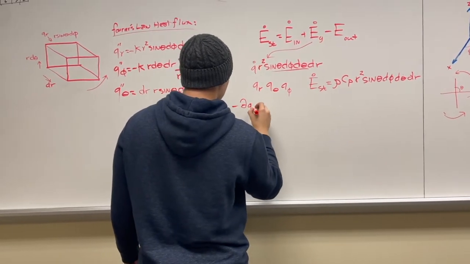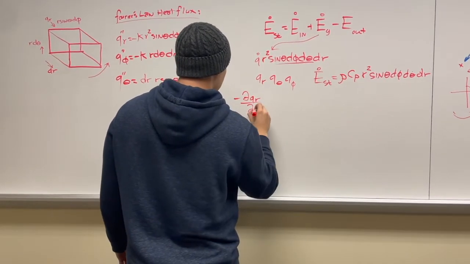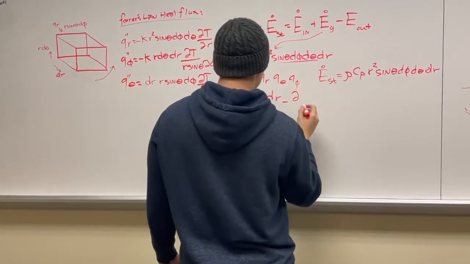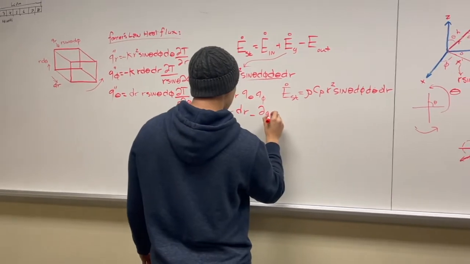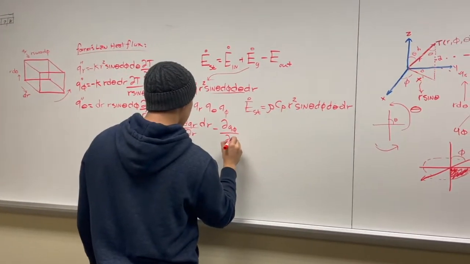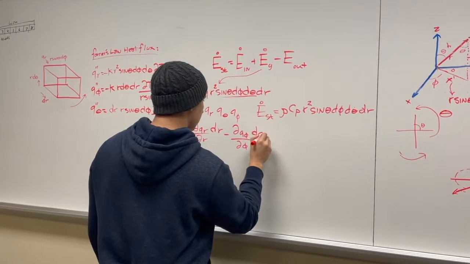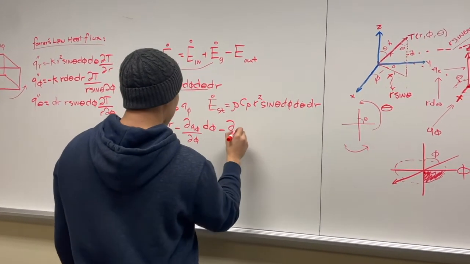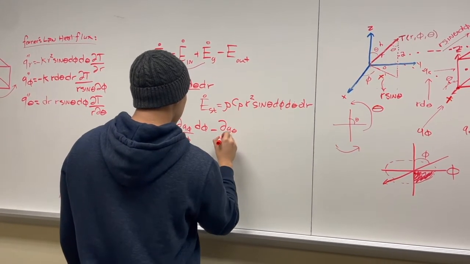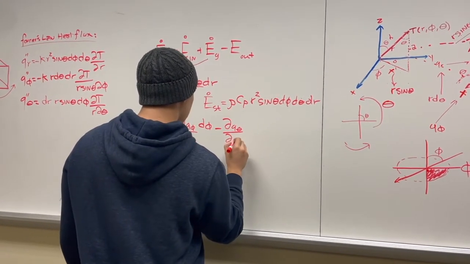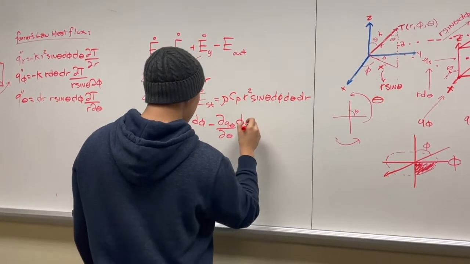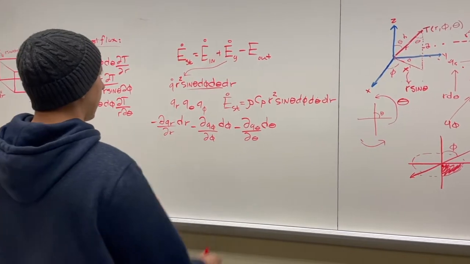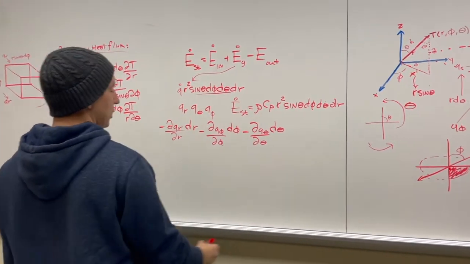So Q, let's say R, dr, and it's going to be dr minus, same thing for the other direction. And I'm going to have this and another one for the theta direction, d theta. And of course, this is all going to have our energy generation term.